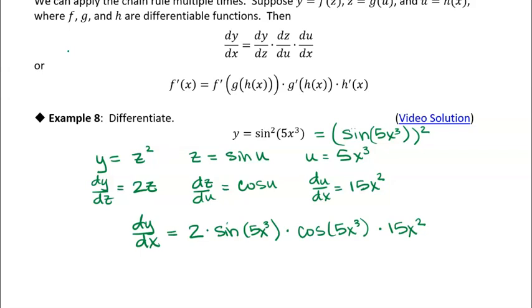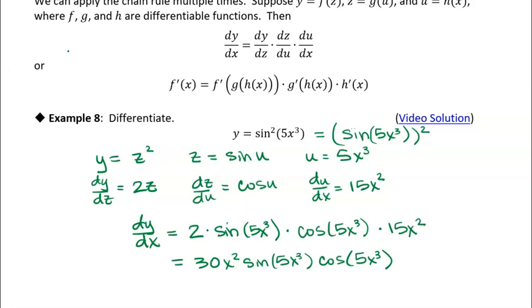Now, if you wanted to clean it up, I would probably write this as 30x squared times sine of 5x cubed times the cosine of 5x cubed.